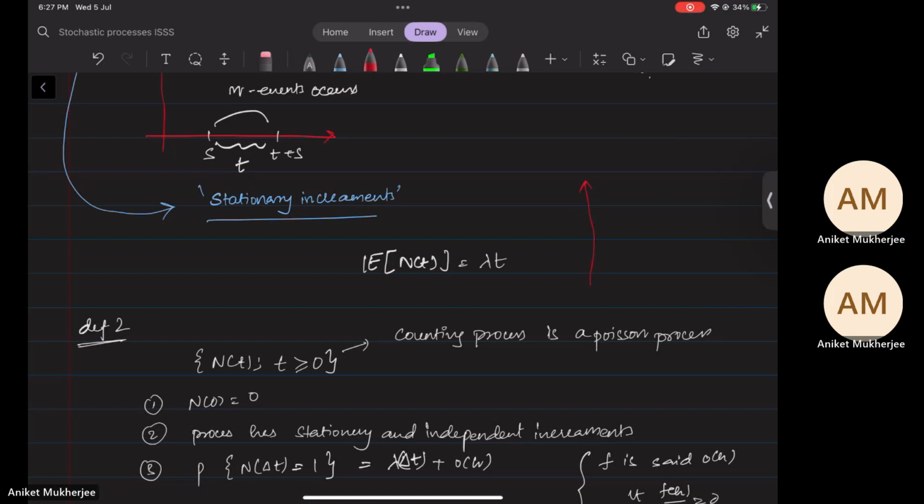Then we also saw why it is good to model a counting process as a Poisson process: because the binomial is an approximation of Poisson, and you use the binomial to approximate counting the number of cars that have passed through or the number of events that have occurred. So the binomial distribution is an approximation of the Poisson distribution.